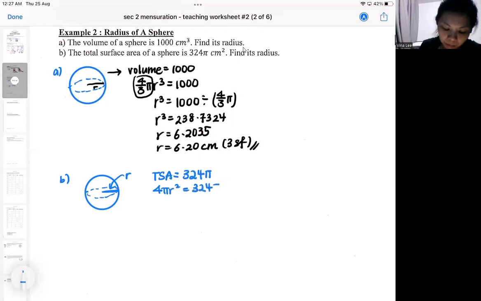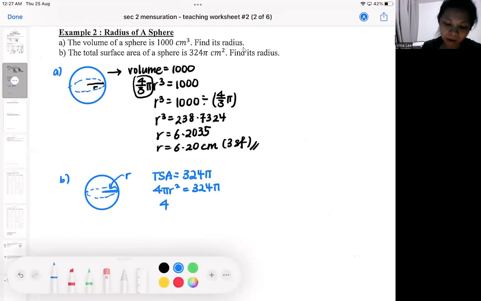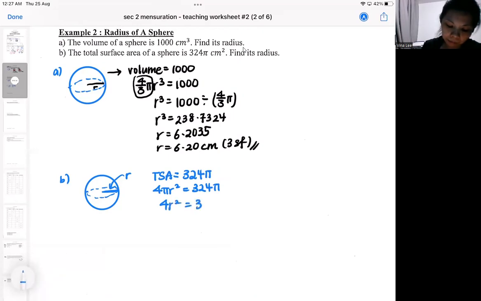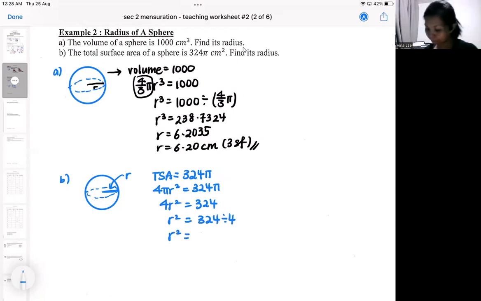Since there is pi on both sides, you can just drop the pi. It's as good as dividing by pi on both sides because pi is just a number. So slowly you divide by 4. And then you take a square root.